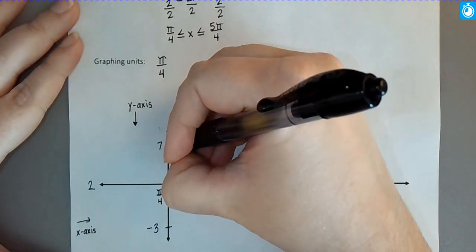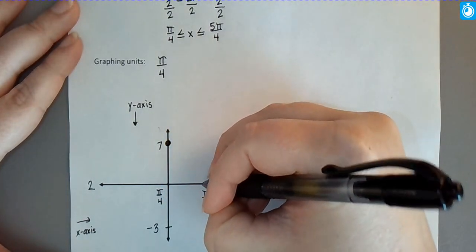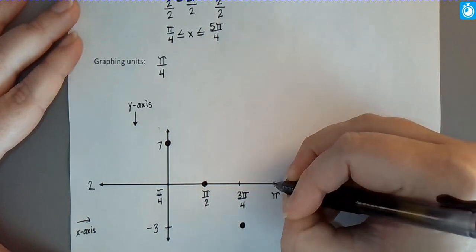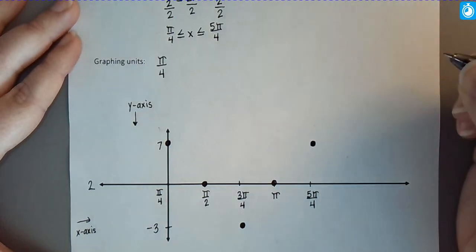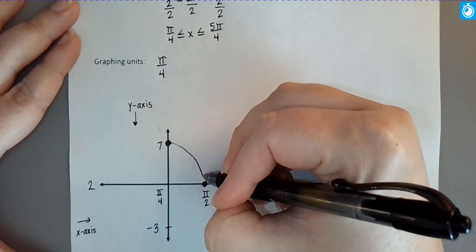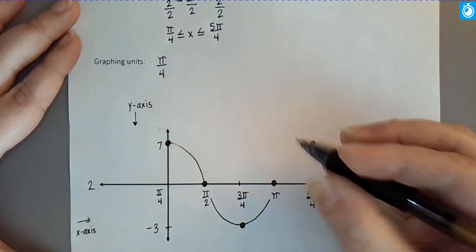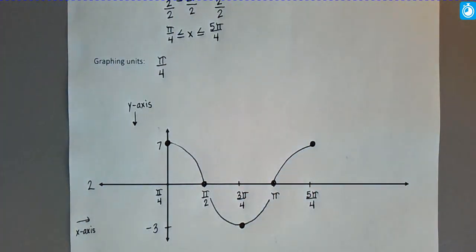So our new relative maximum occurs up at 7, and then we transition to the center, down to the relative minimum, back to the center, and then back to our relative maximum. Okay, we connect the dots with a curve, keeping in mind that cosine and sine graphs are in the shape of a wave, and that's going to be 1 period of our cosine graph.